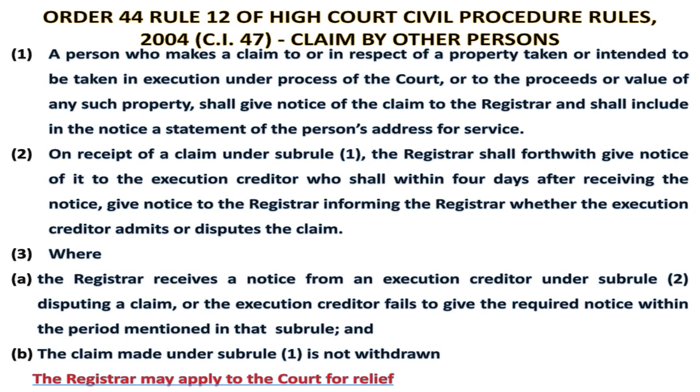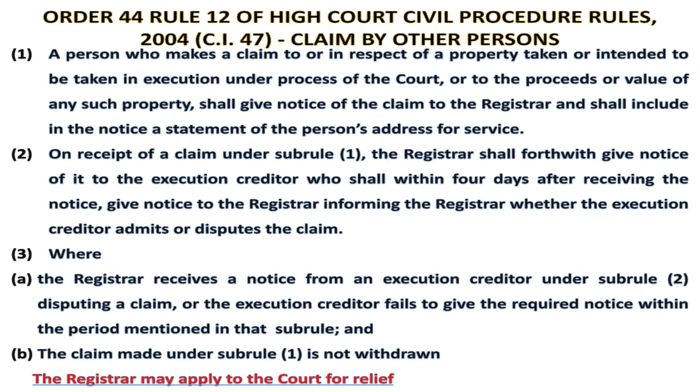Again, where the registrar receives a notice from the execution creditor under Sub Rule 2 disputing a claim, or the execution creditor fails to give the required notice within the period mentioned in that sub-rule, and the claim made under sub-rule 1 is not withdrawn, the registrar may apply to the court for relief.